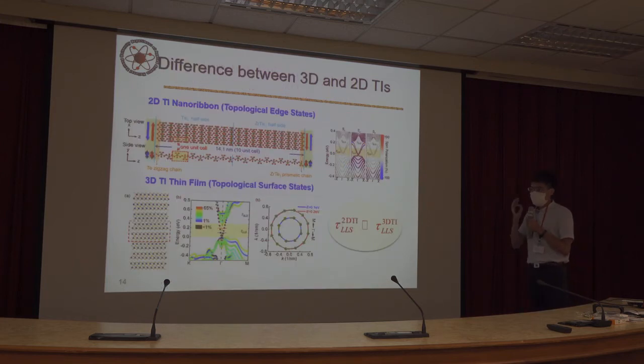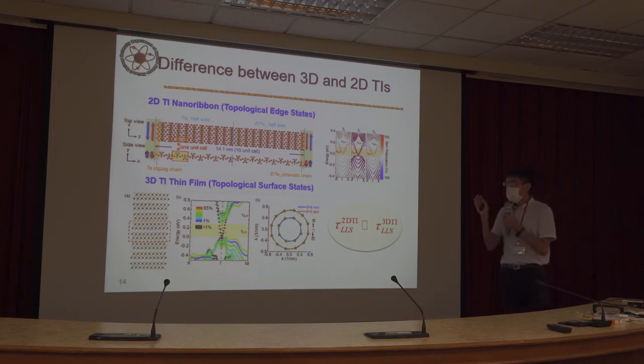The intact topological edge state for a two-dimensional topological insulator should have a relaxation time much larger than the intact topological surface state in a three-dimensional topological insulator. This is because for a two-dimensional topological insulator, the one-dimensional topological edge state can only move forward or backward, so there is no scattering in between 0 and 180 degrees.